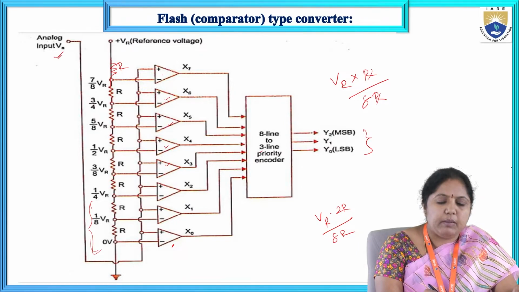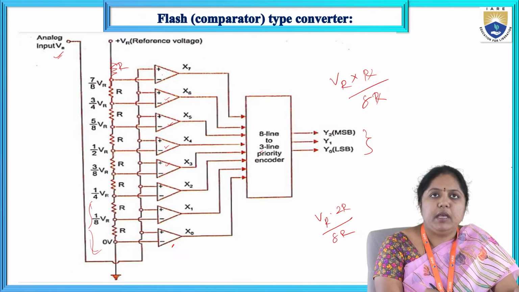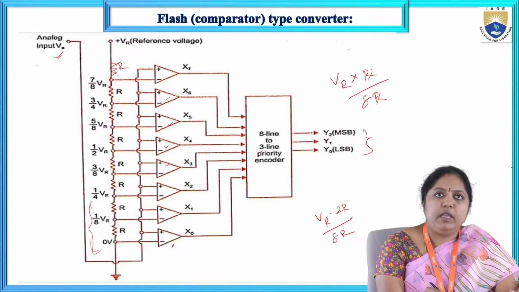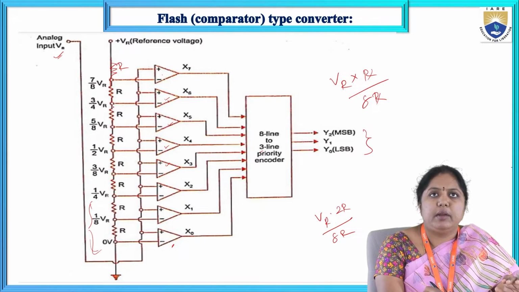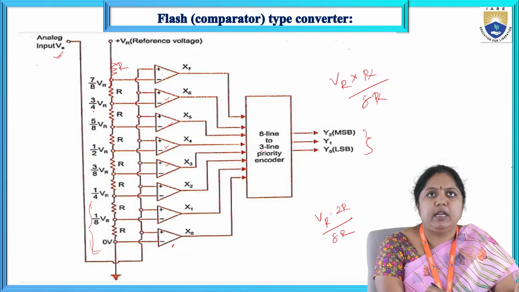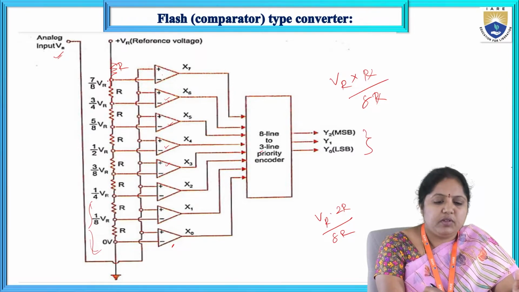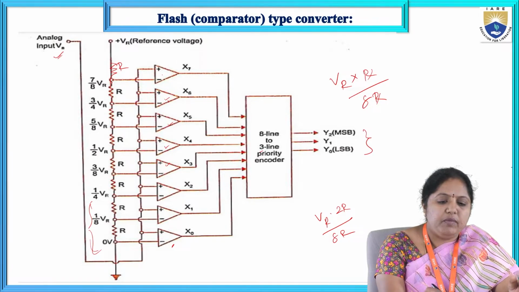Coming for this one, VR into 3R by 8R, VR into 4R by 8R, VR into 5R by 8R, VR into 6R by 8R. If you cancel, I can get 3 by 4 of VR. Next here, the voltage at this node is VR into 7R by 8R.